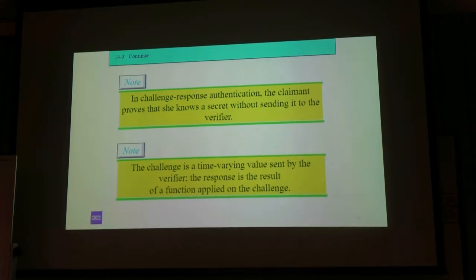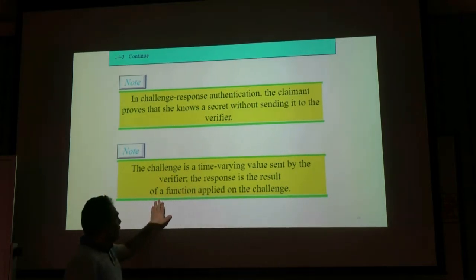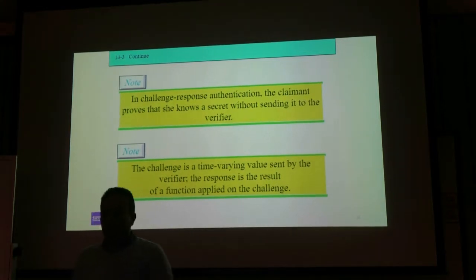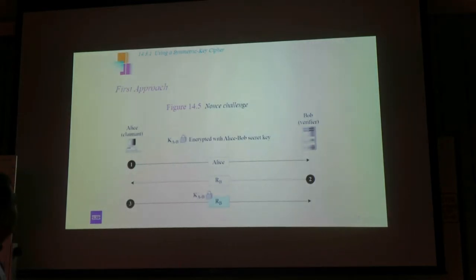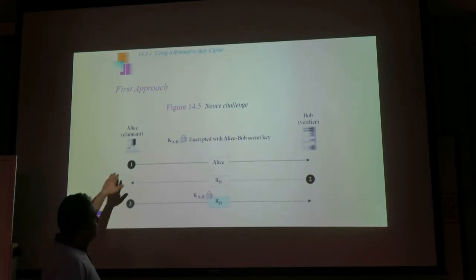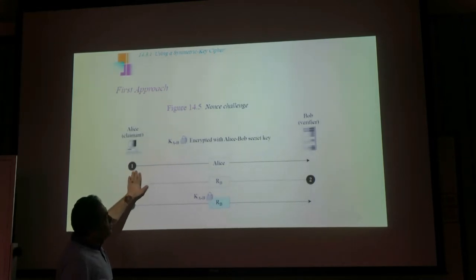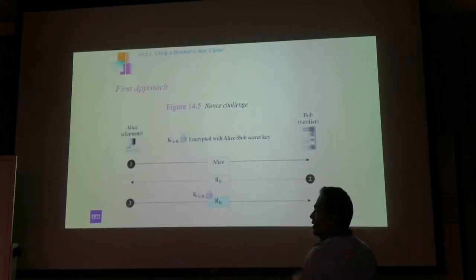So the challenge is a time varying value sent by the verifier. The response is the result of a function applied by the claimant. So the first approach is the nonce challenge. Alice sends a message to Bob: I am Alice, I would like to be verified.